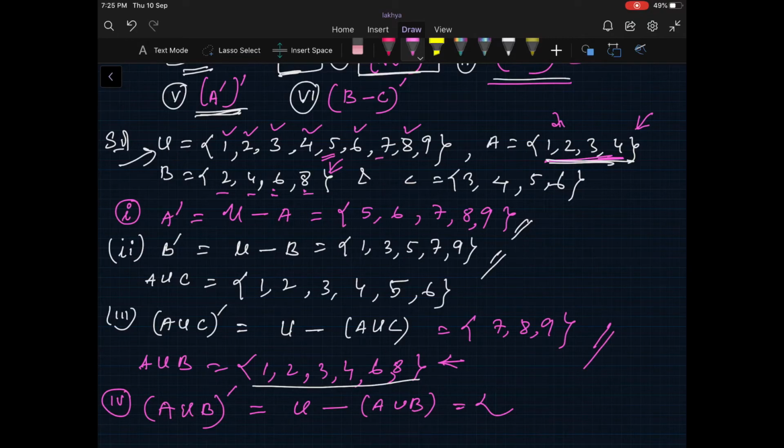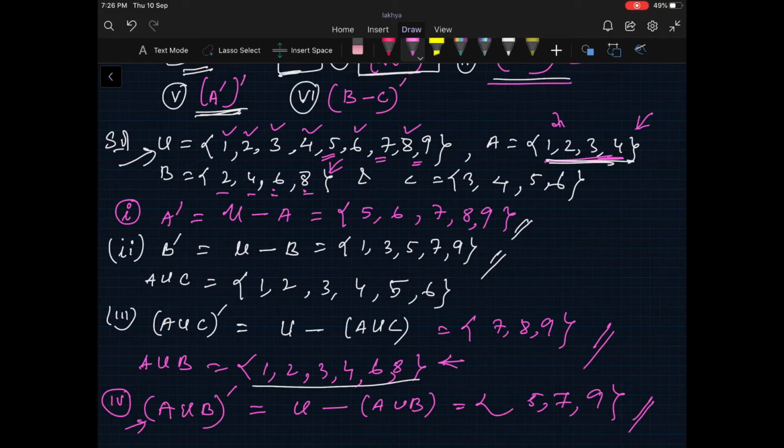Then we will get 5 7 and 9. So this is the resulting set, which is complement of A union B. That's how we can find complement of A union B.